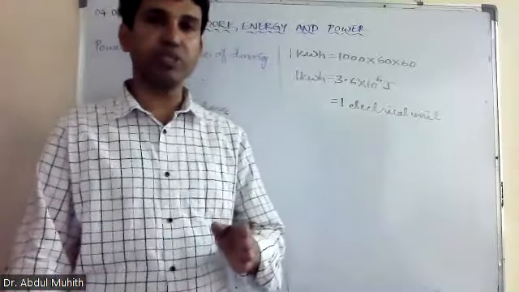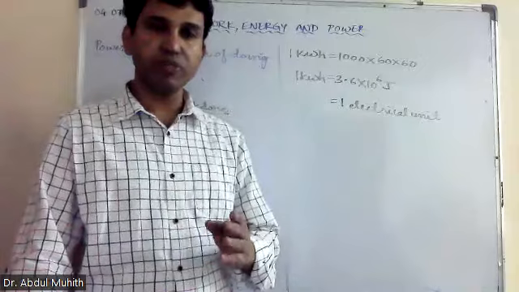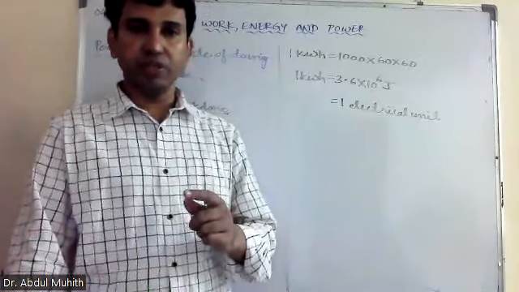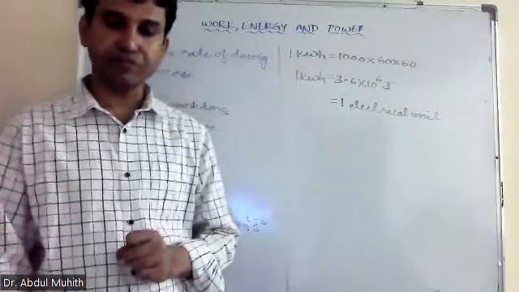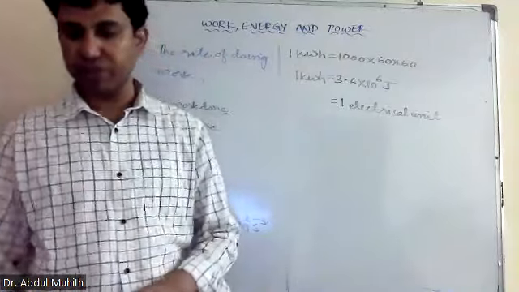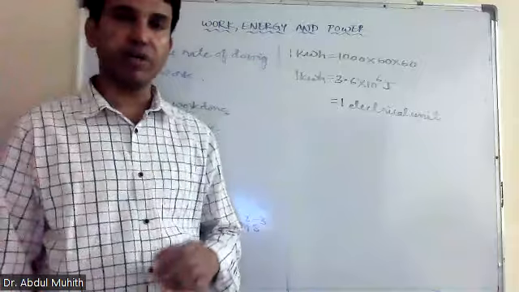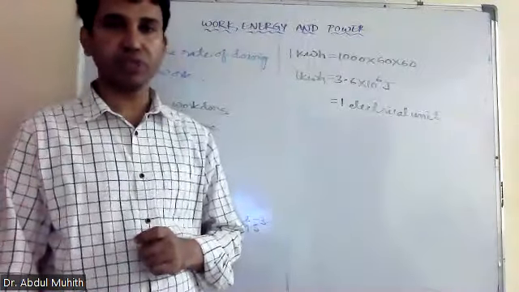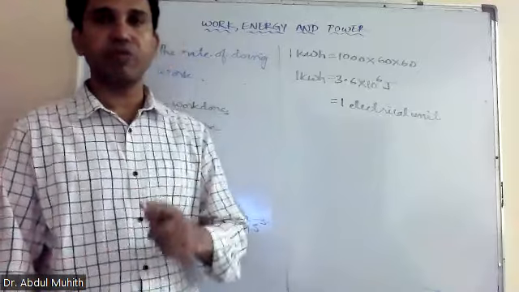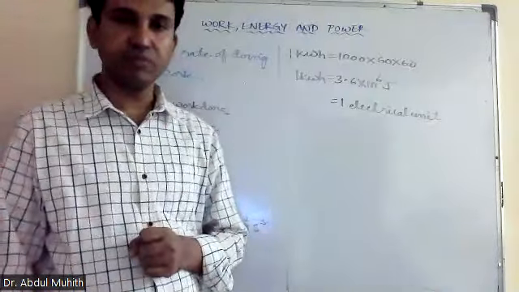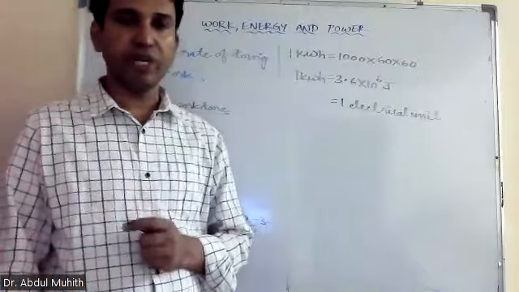If it is due to the position, it is gravitational potential energy. If it is due to the shape, then it is elastic potential energy. What is the formula for gravitational potential energy? MGH. Formula for elastic potential energy? Half kx square.